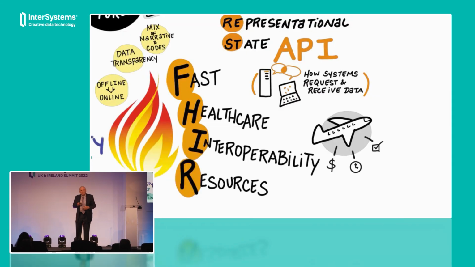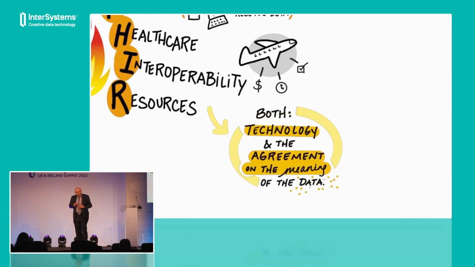That's not because the travel website has downloaded all the airline schedules. It's because the airlines have agreed on how to represent the data in an airline flight, how a system can ask for that and what it gets back in return. That's a REST API, and that's what FHIR is for healthcare.